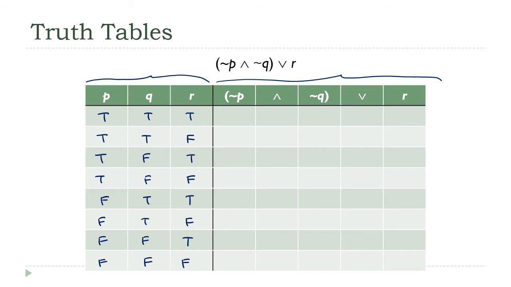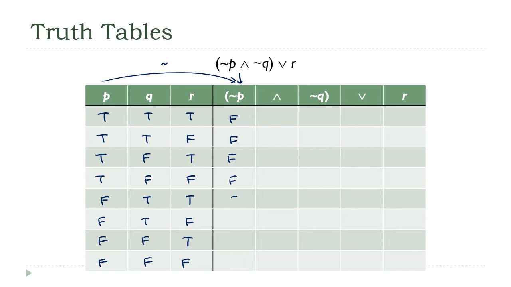Now let's do the copying over, right? I've got to go to not P here, so I'm going to reverse the P values. I'm going to copy the P values over, but negate each one. So I'm going to have false, false, false, false, true, true, true, true. Now I'm going to do the same thing with the Q's.